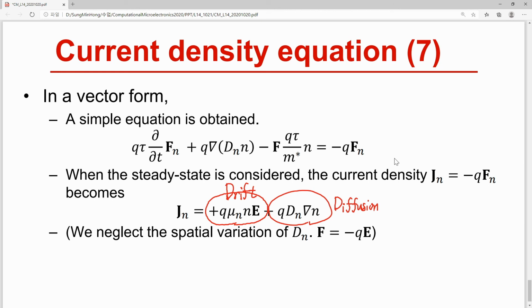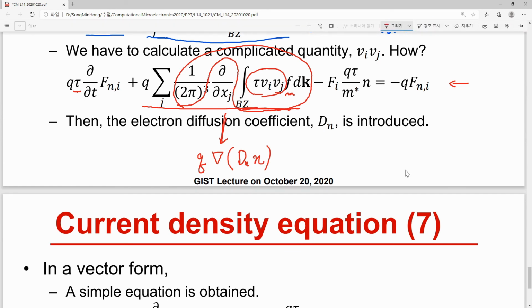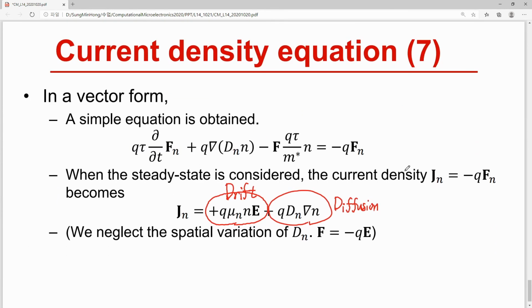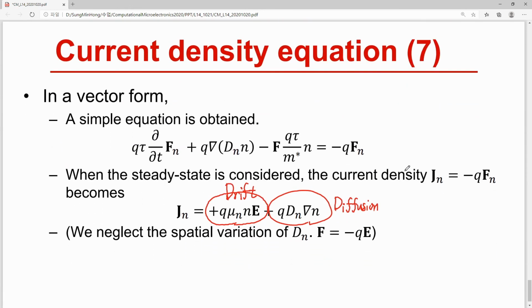Also, we have introduced the relaxation time approximation, which is also a severe approximation. And we have also modeled our complicated quantity, this integral, as just a product between the diffusion coefficient and electron density. And we have assumed once again that this diffusion coefficient, which can in general be a tensor quantity, is regarded as a scalar quantity.